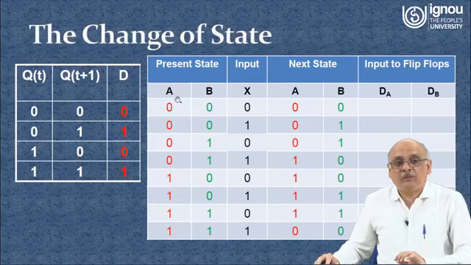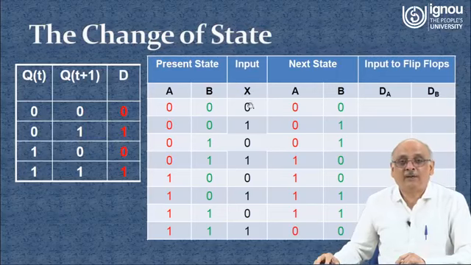If AB is at 0, 0, and there is an input X, in our problem statement we said they will change state when X is 1. But X can also be 0 for some time during that particular process. So only when X is changed to 1, the step is completed, X will be raised to 1, and that's how the next step is going to happen.